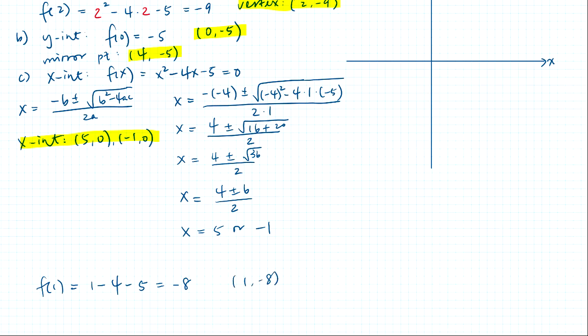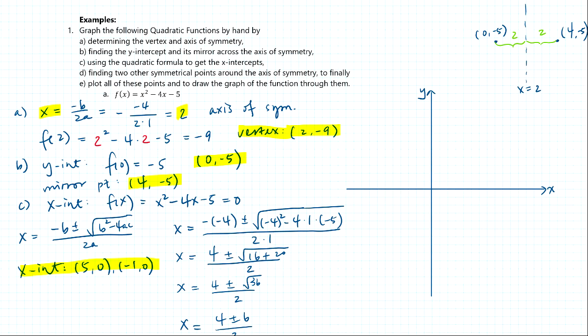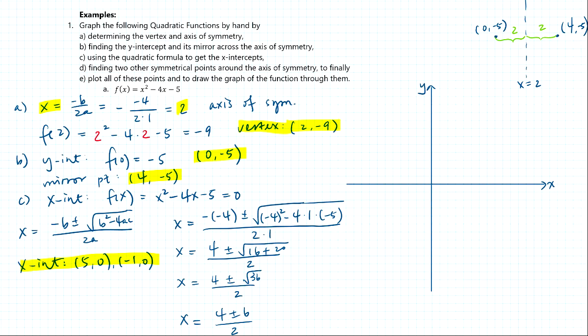And its mirror image, again, we can use this to help us. If we had 1, -8, it would have been, let's say, somewhere here. This graph is not to scale, but we can get some rough ideas on where things are. To find its mirror image, I want to go an equal distance, which would be 1 unit to the right of the axis of symmetry.